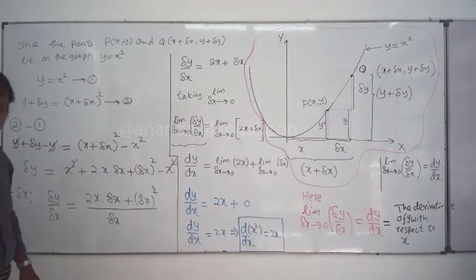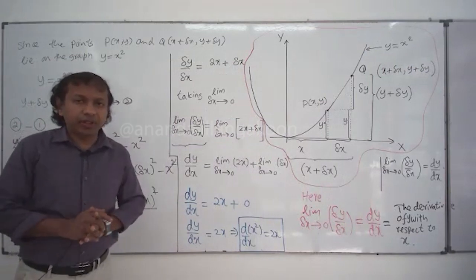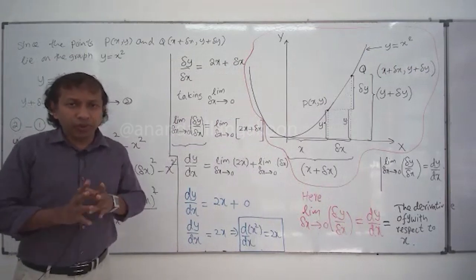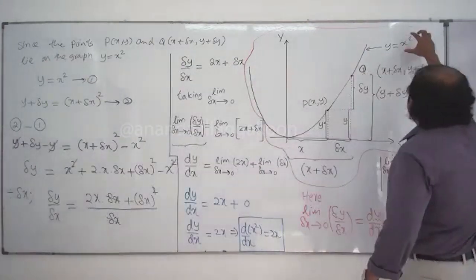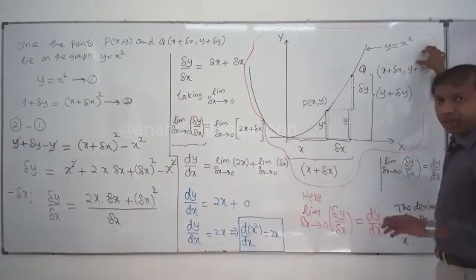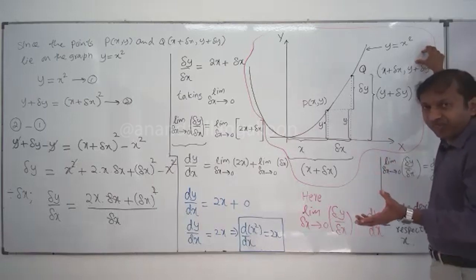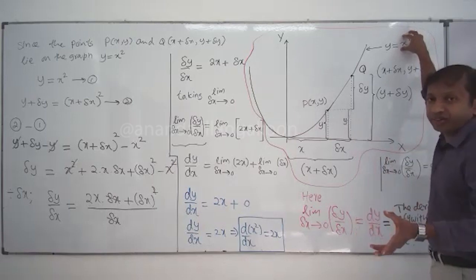Understood, people? Right. So this is how simply we define the way of finding dy by dx. Here we used the specific function x squared, but the right hand side of this graph can be any expression in terms of x. Then I am going to give you the definition taking the right hand side as any function.